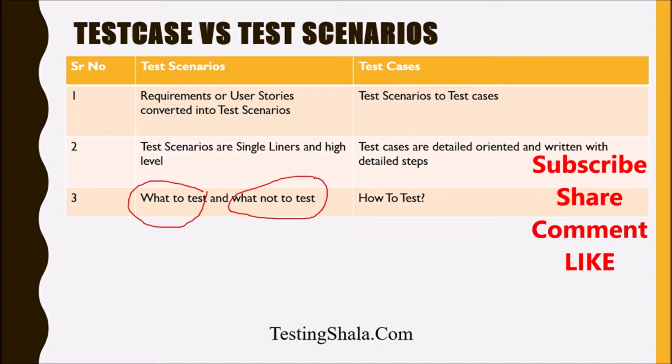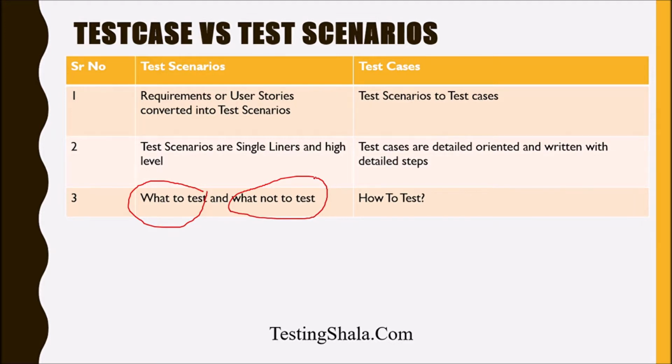Once the test scenarios are written, we will be working with our stakeholders to assess whether the test scenarios we have written are appropriate or not. So that is the main importance of test scenarios. But in case of test cases, we are more talking about how to test. How to test means it will have detailed steps of information on how to test.